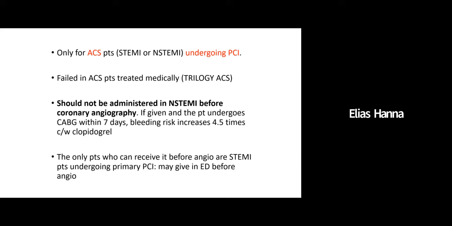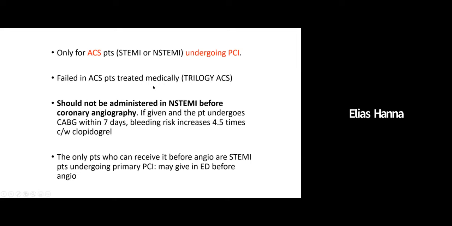So several points about prasugrel and the TRITON trial. It's only studied in ACS patients undergoing PCI. So this is not for stable CAD PCI, and this is not for ACS treated medically. In fact, prasugrel has failed to show any benefit in another trial of ACS patients treated medically.